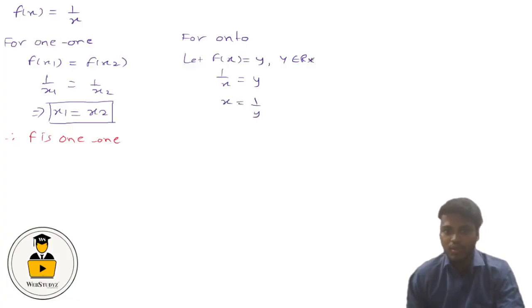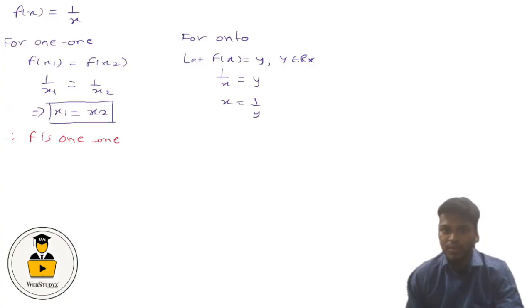Now in order to prove that it is an onto function, we need to check that for every value of y, there should exist a value of x. So we can see that the only value of y where x does not exist is 0, but our domain is R star, where we do not include 0.